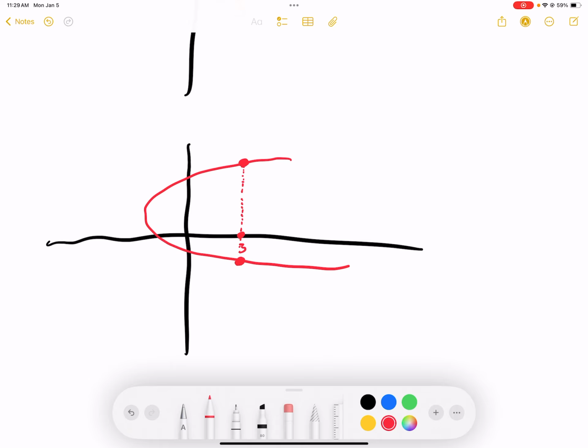This point here has some y value, and this point here has some y value. These 2 points have the same x value though. So one x value yields two y values. This is a non-example, so this is not a function. It's an equation probably, but it's not a function.